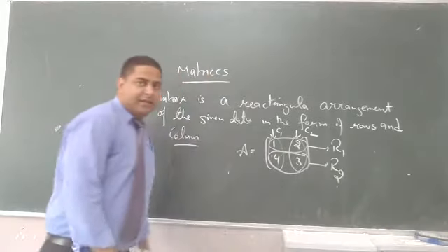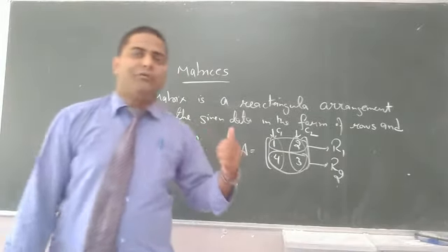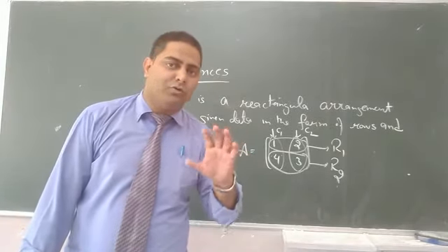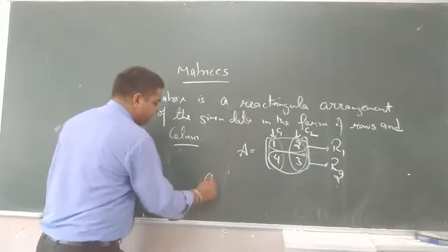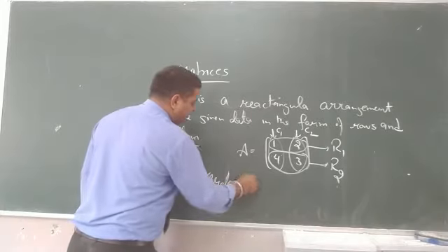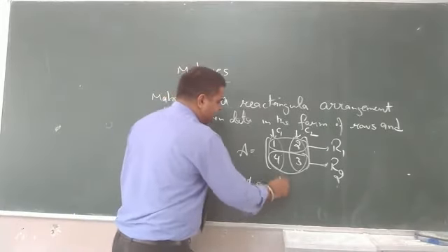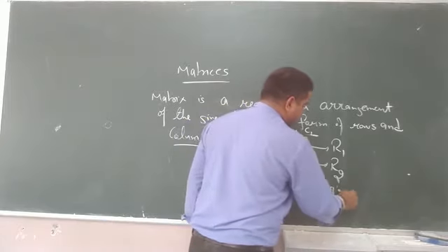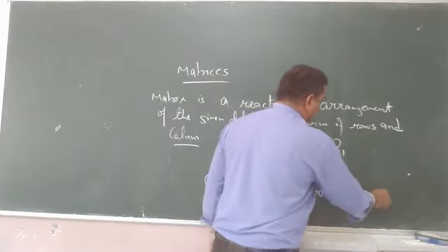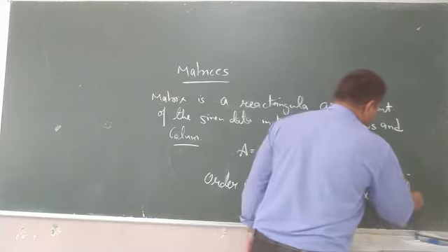So this matrix is of the order 2 into 2. Now I am using a word called order. What is the meaning of order of a matrix? The order of a matrix is number of rows into number of columns.